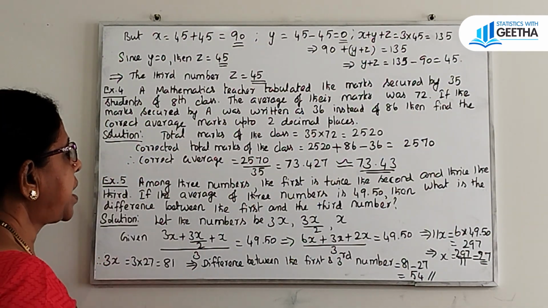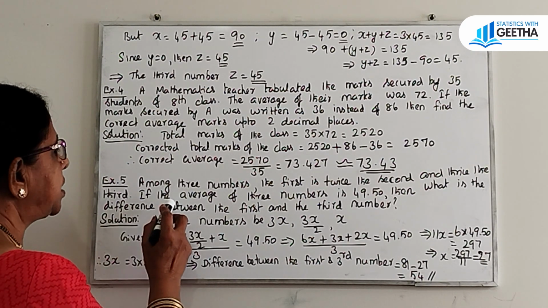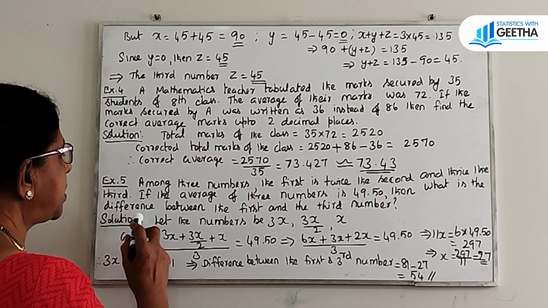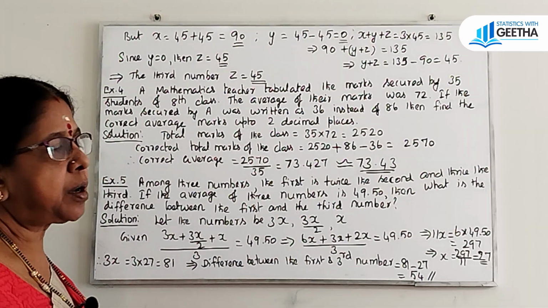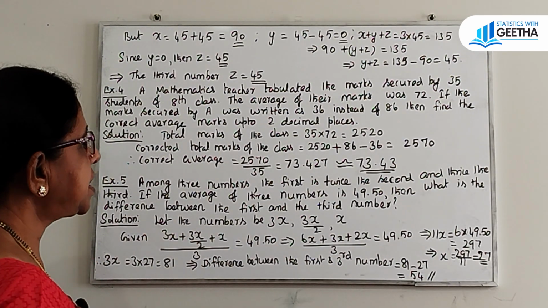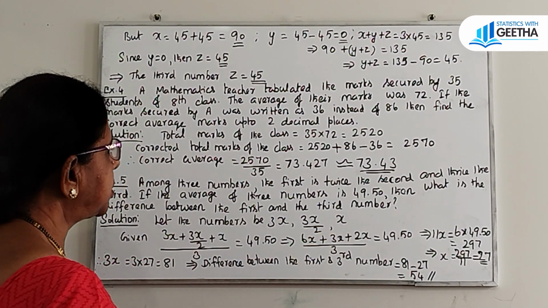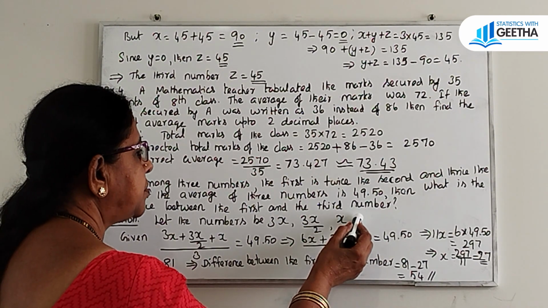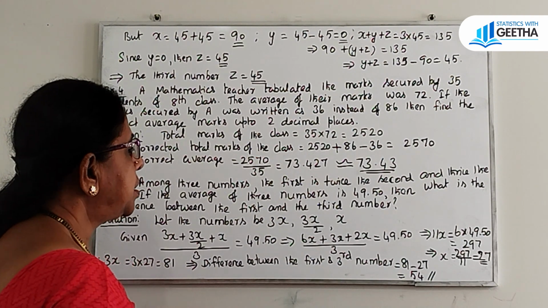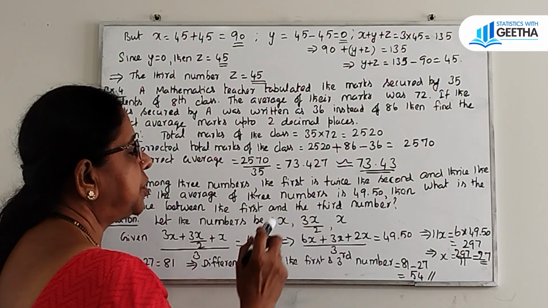அடுத்தது exercise number 5: among 3 numbers, the first is twice the second and thrice the third. If the average of 3 numbers is 49.50, then what is the difference between the first and the third number? So முதல்ல solution-ல், let the third number x ன்னு வெச்சுக்கலாம். அப்ப first thrice the third, so 3x. Second number 3 by 2 into x ன்னு வந்துரும்.